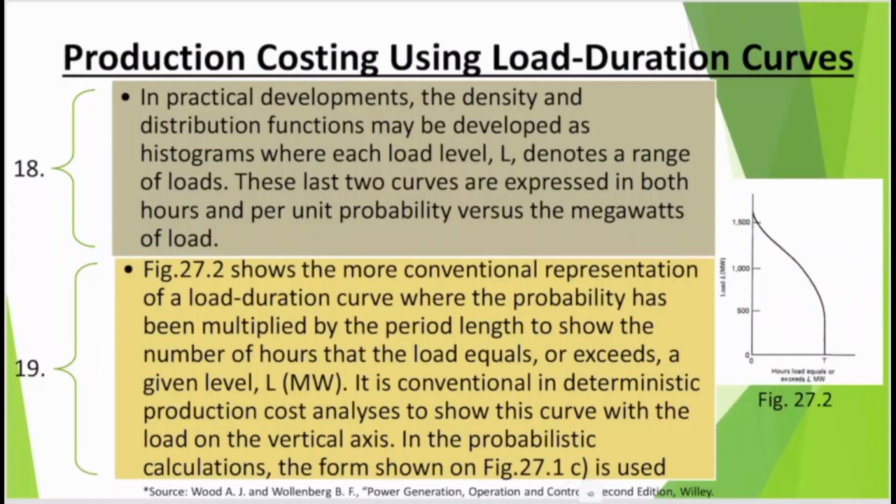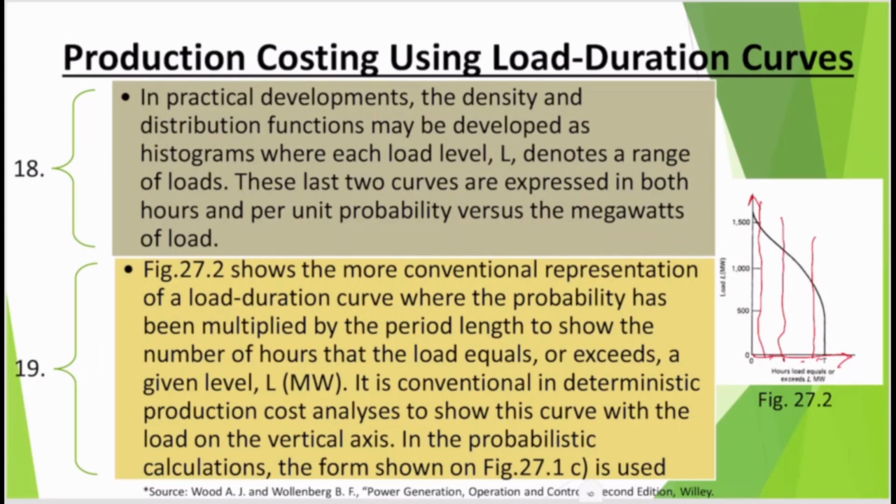Now figure 27.2 shows the load versus the hours the load equals or exceeds L. The x-axis is my time period, the y-axis is my demand. So how many hours is the load equal to or more than 1500? How many hours is the load equal or more than 1300 megawatt? How many hours is the load more than or equal to 800 megawatt? These durations you can calculate from these characteristics.